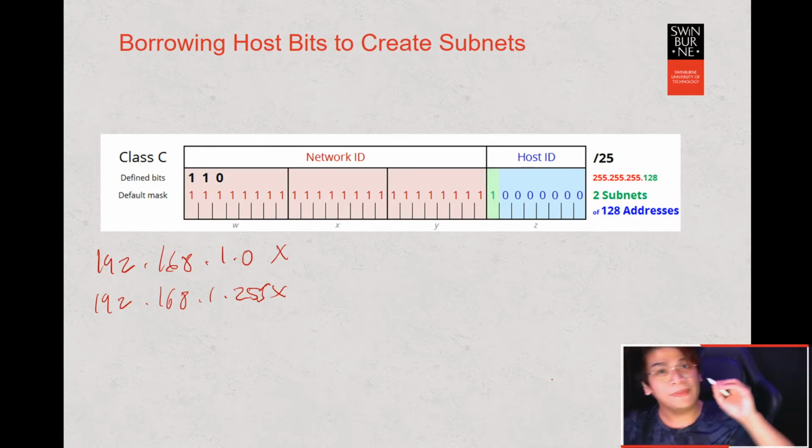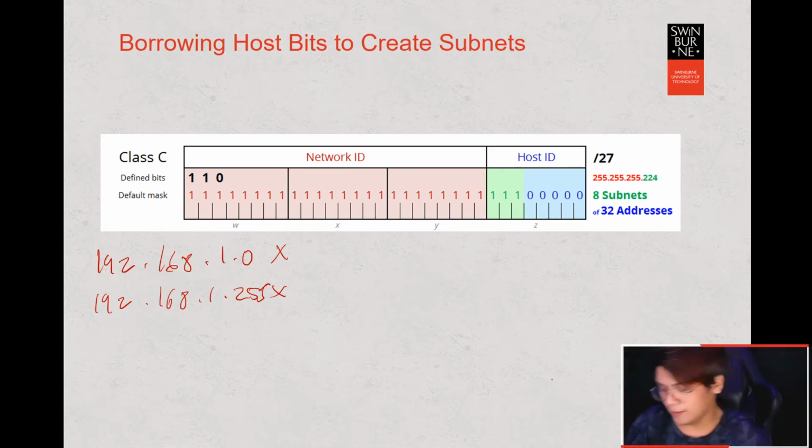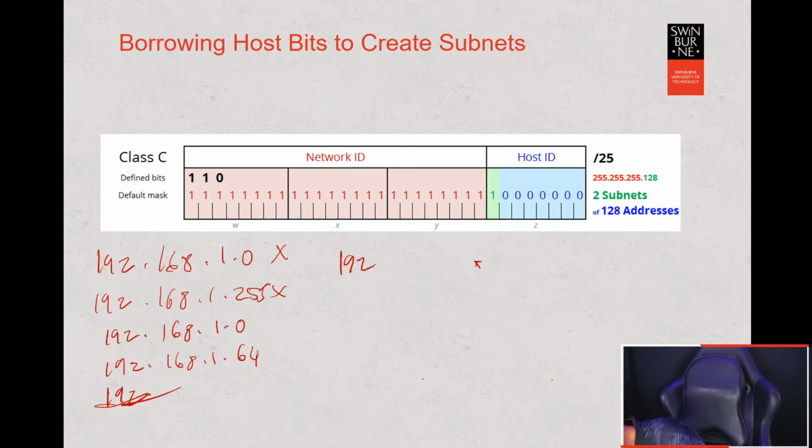What if we do something like just now? We make a /26 and borrow, to get 4 subnets. 192.168.1.0. Next one is 192.168.1.64. 192.168.1.128. 192.168.1.192.